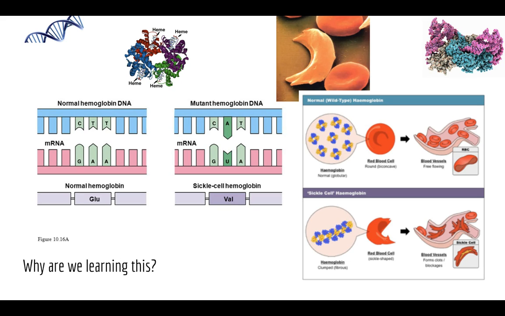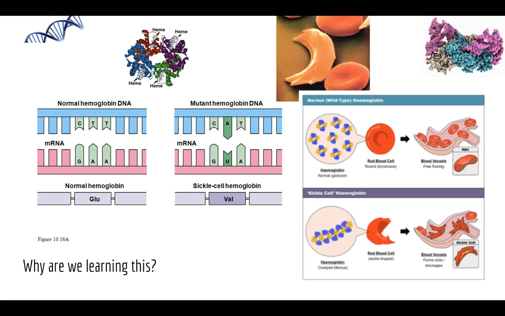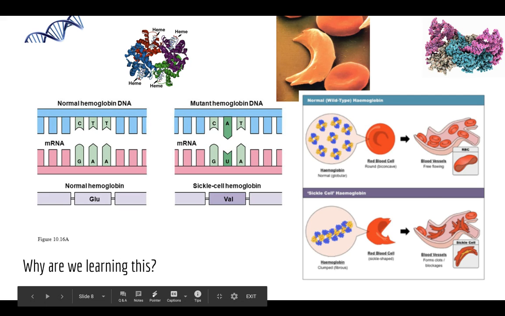That single amino acid change causes hemoglobin to stick together within a red blood cell, and then that red blood cell slowly becomes sickled shape and then causes all those physical symptoms we learned about last unit. So one tiny difference in DNA causes a very serious chronic genetic disease.